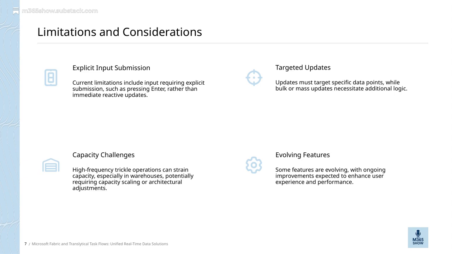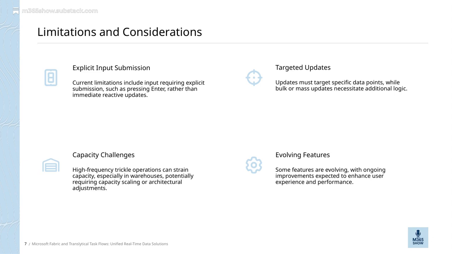Moving on to data updates, it's worth noting that targeted updates are designed to modify specific data points. However, if we need to perform bulk or mass updates, that requires additional logic to manage those changes efficiently and accurately. Finally, a current limitation is that input submissions are explicit, meaning users have to press Enter or some other command to submit their input.